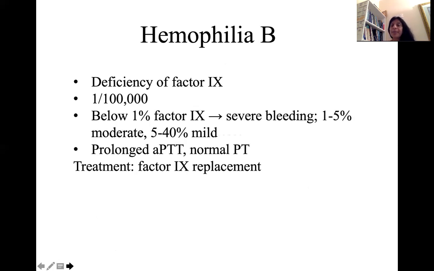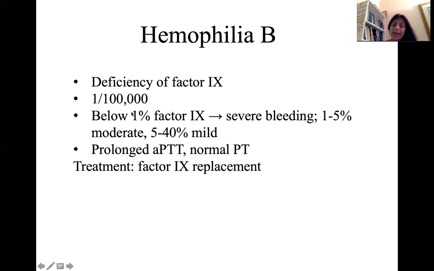Okay, hemophilia B, this is where factor 9 is missing. Not as common as hemophilia A, 1 in 100,000. So here you're again organizing it into severe, moderate, and mild.